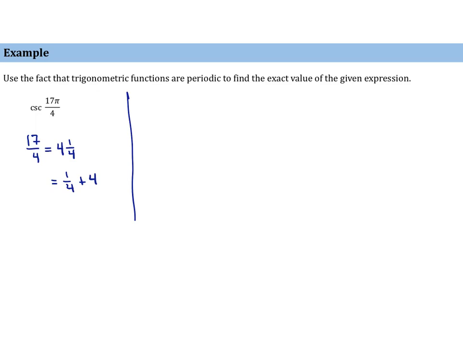So we know that 17 pi over 4 is pi over 4 plus, well, 4 times pi, which is 2 times 2 pi.